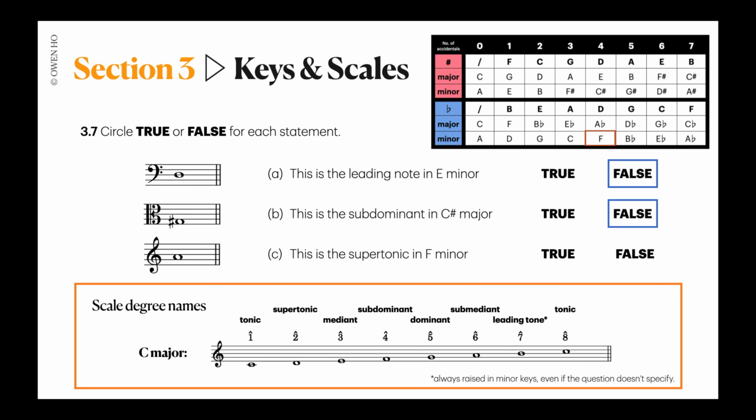And not really, it's just a G, because the G is not supposed to be flattened. And in this case, the answer is false, because the given note here, A, is not even the second note in F minor. And that's how we do this question. All we need to do is to make sure that we memorize the scale degree names, and also that in the minor scale, the leading tone refers to the raised seventh of the harmonic scale.